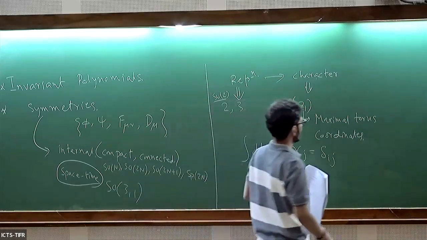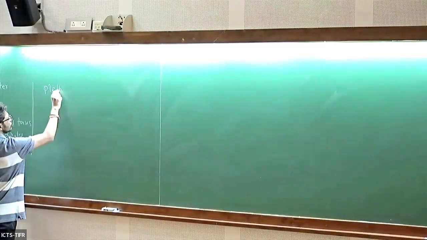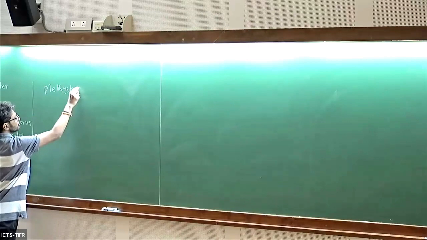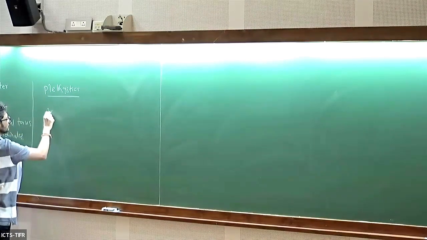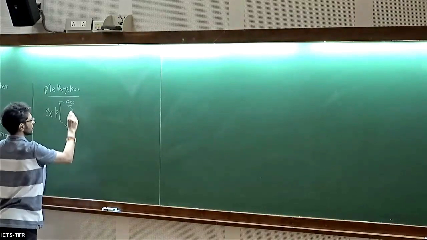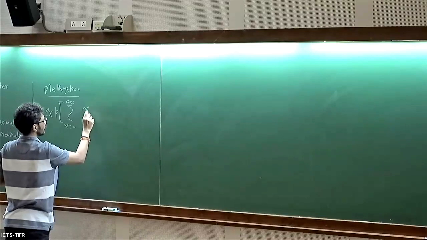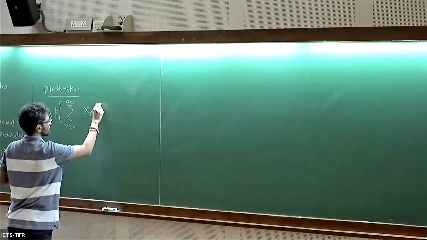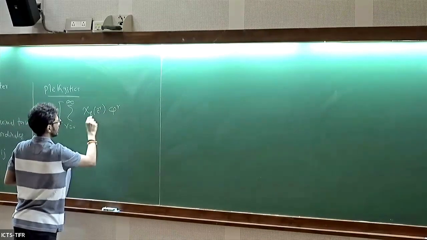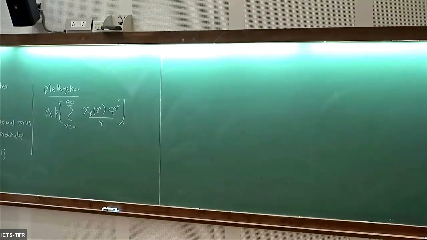Fine. Now the second part that we talked about is the statistics, which we define as an exponential of a sum over r from 0 to infinity, with some r and then phi r. And this we didn't propose initially.